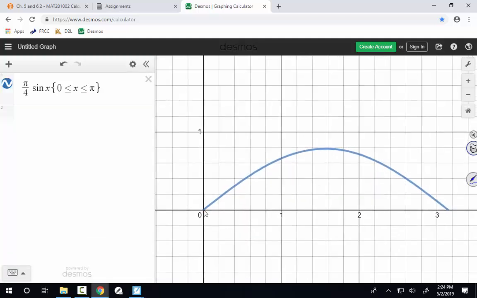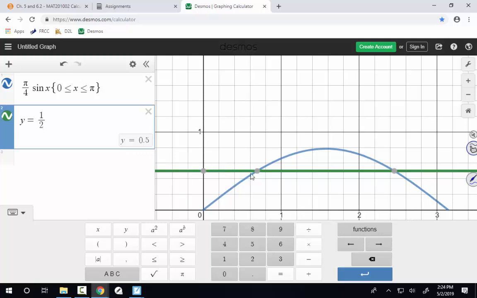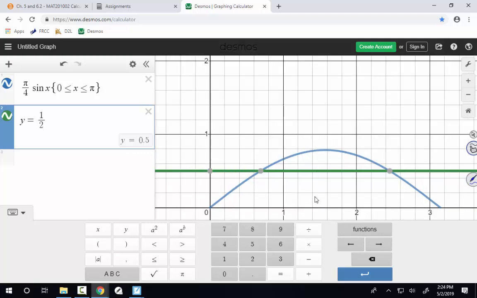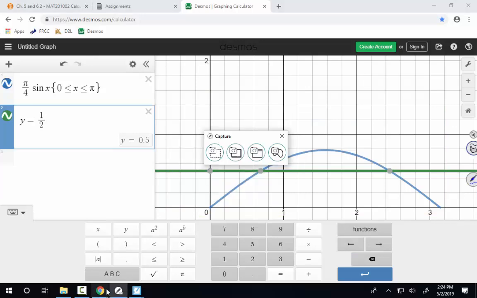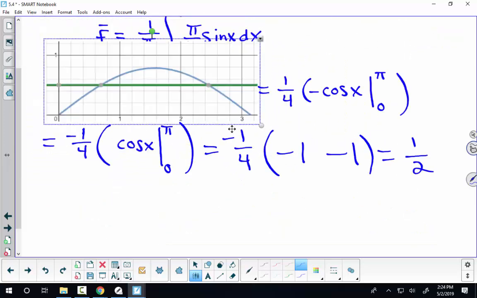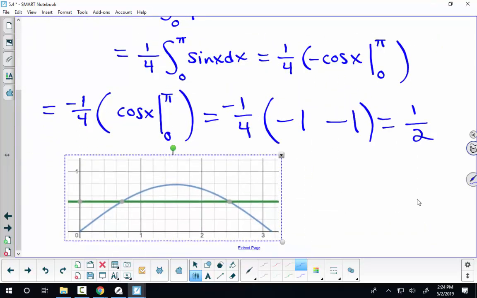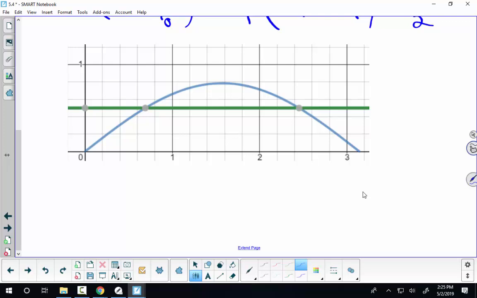There's our function. We're looking at all of these y values and saying, on average, what are they? So that's their average, 1/2. Remember, if we look at this, let me take a picture here. If we look at that, and then say, we look down the interval from 0 to pi.